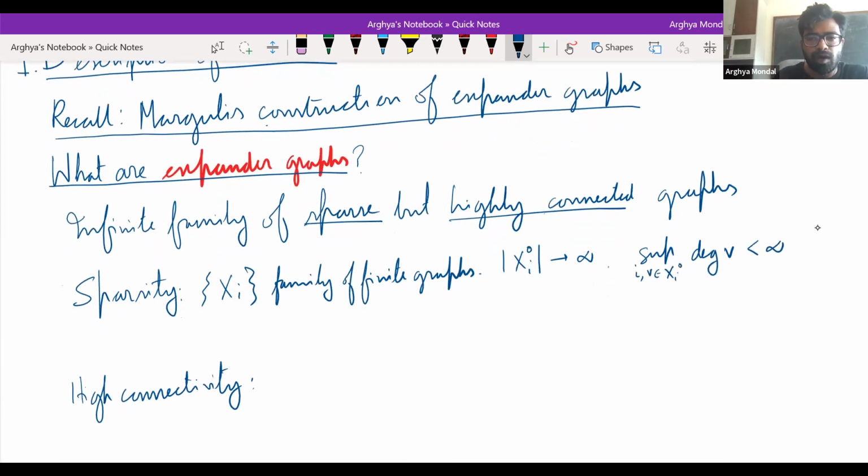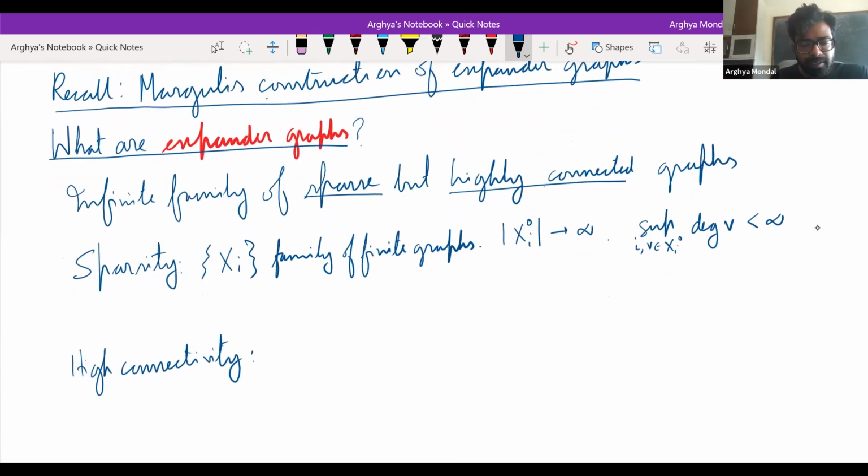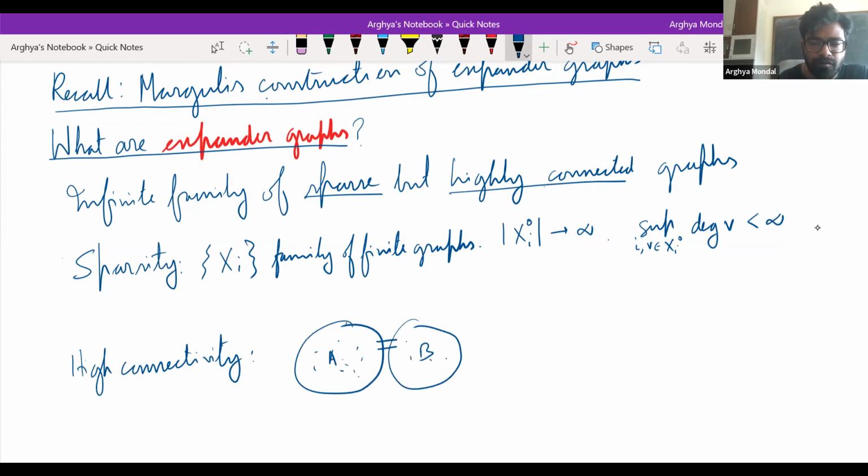And what do I mean by high connectivity? It means that I should not be able to cut my graph into two pieces of more or less the same volume by just cutting a few edges. So suppose I have taken a partition of my vertex set into two parts, let's say part A and part B. I look at the number of edges connecting them.